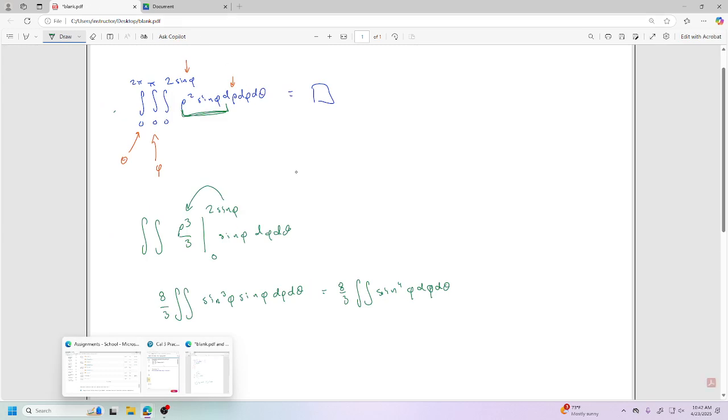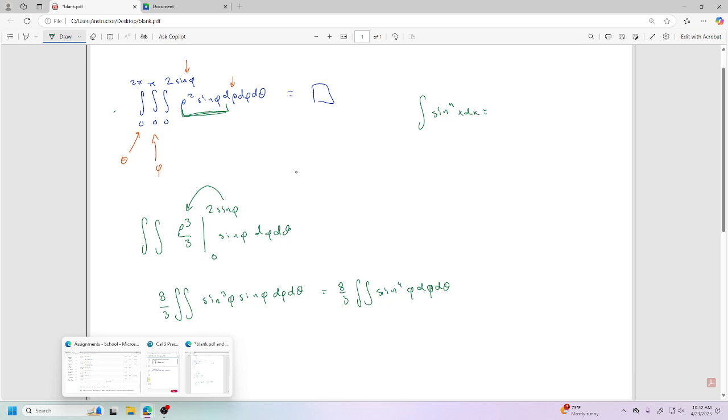Let me do the formula for that. So sine to the n is not on that page. It's on this page. Here we go. So integral sine to the n power. I'm just going to use x in this particular case.